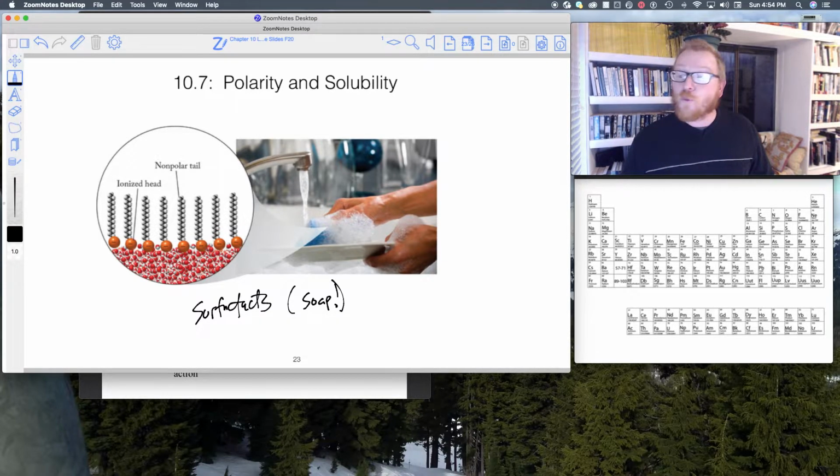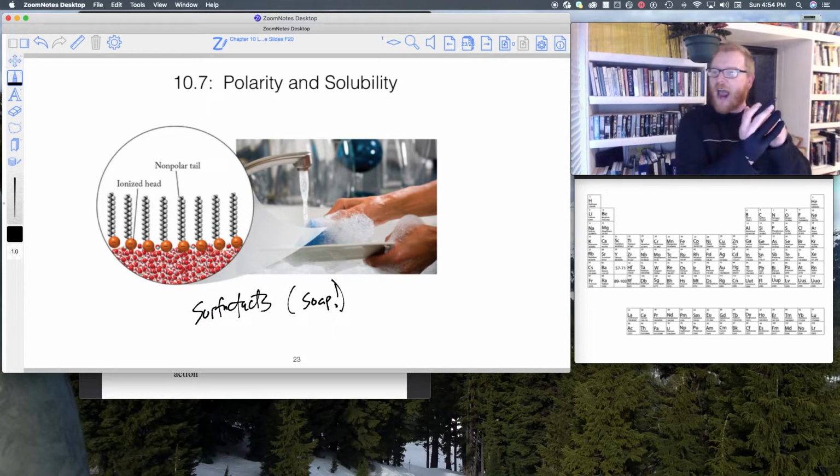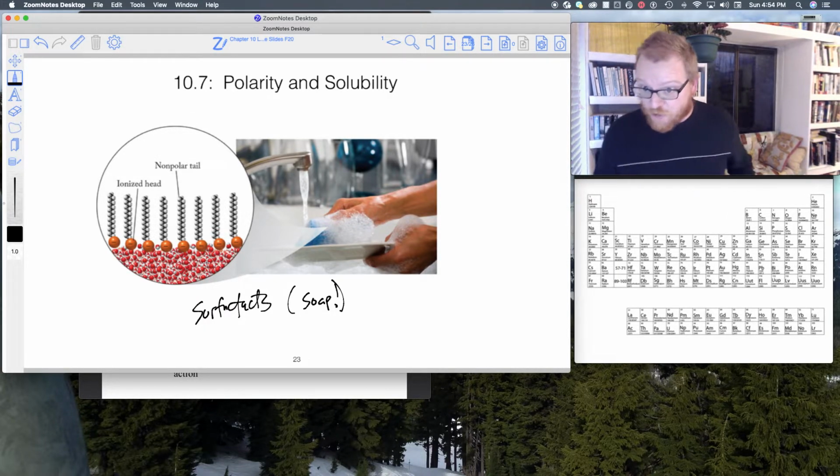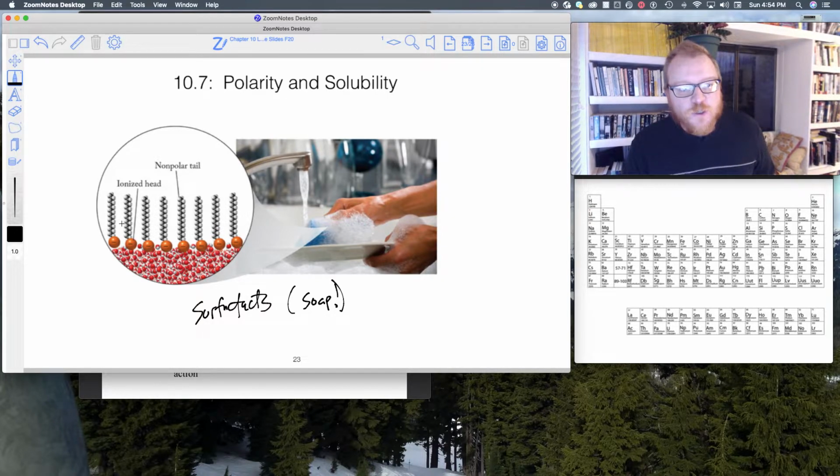And so these work really well as soaps or detergents because this end of the molecule can really get in there and attract to things that are hydrophilic. But this greasy part of the molecule is really good at interacting with grease and non-water soluble things.